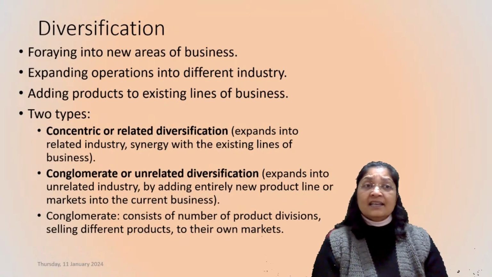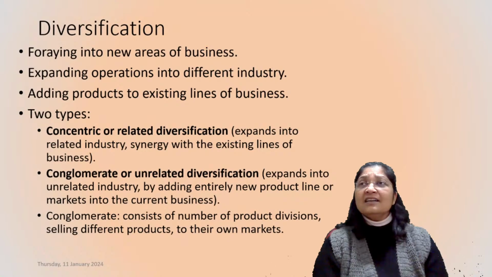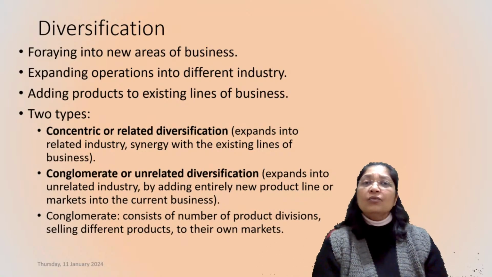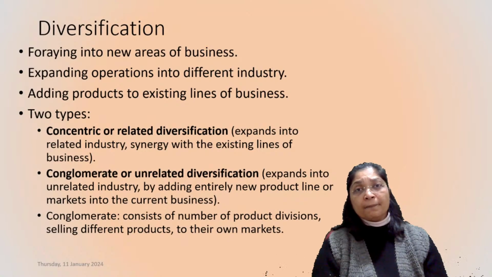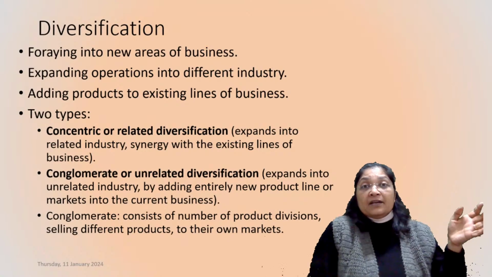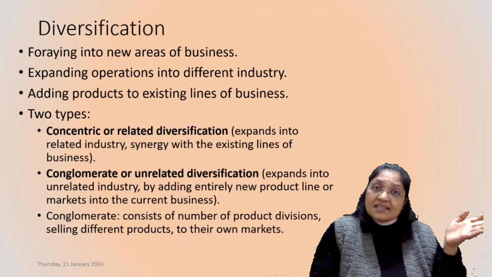If they continue supplying scooters, their market share in the two-wheeler industry is falling. So they go for a major diversification. Within the two-wheeler industry itself, they move from scooter manufacturing to motorcycle manufacturing. So that's a new business area.